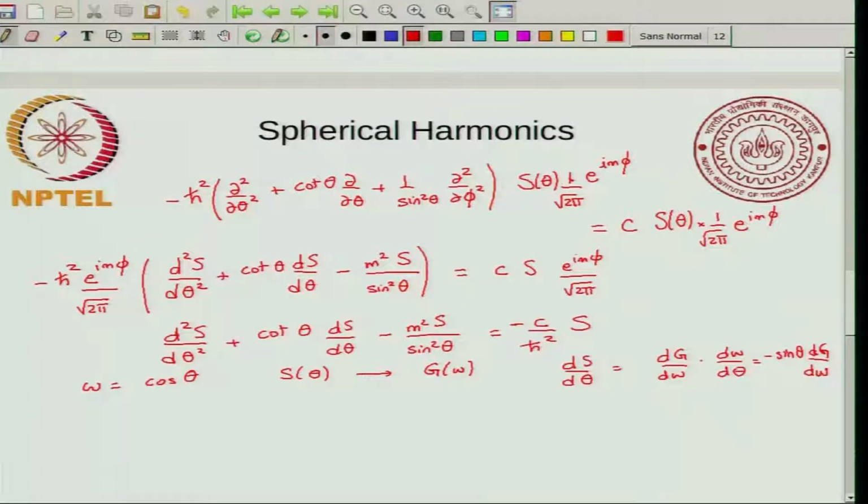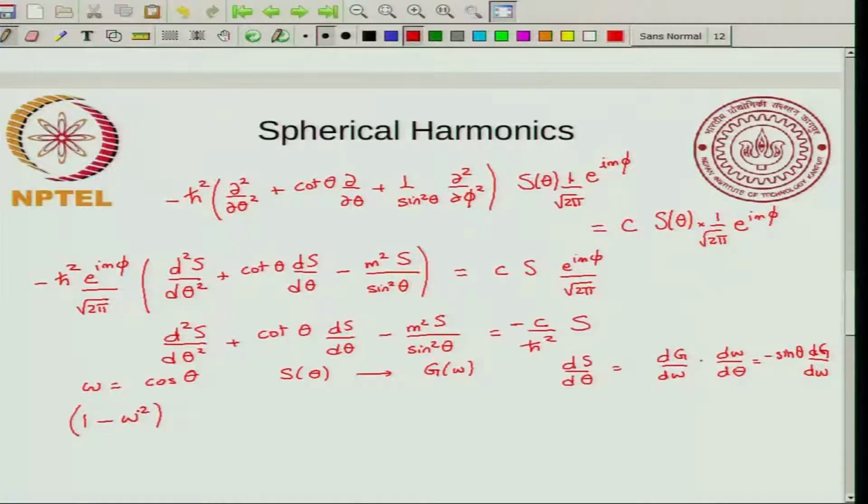And I just go ahead and make all these substitutions and put them in this equation. The minus sine square theta, we will find that it eventually cancels this factor. So what you will get is a differential equation that looks in the following form. I will just write the final equation, you can easily work it out. So you will get 1 minus w square. Okay, the sine square theta gives you a 1 minus cos square theta.